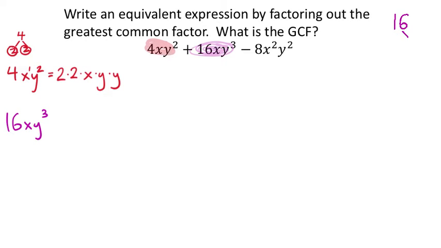So there's 16. I guess I'd split that up into 4 and 4. Some people say 8 and 2. That's fine. But 4 is also 2 and 2. 4 2s. Okay, so the 16 part of that becomes 2 times 2 times 2 times 2. Then, like I said, we got an x and 3 y's in this one.